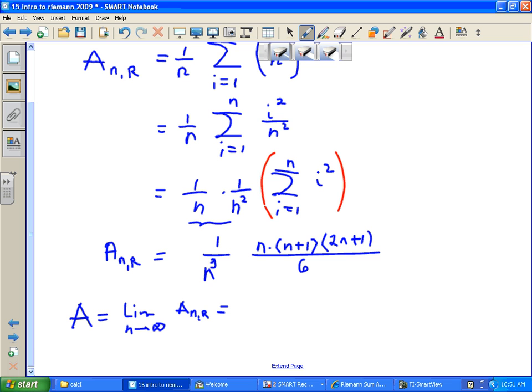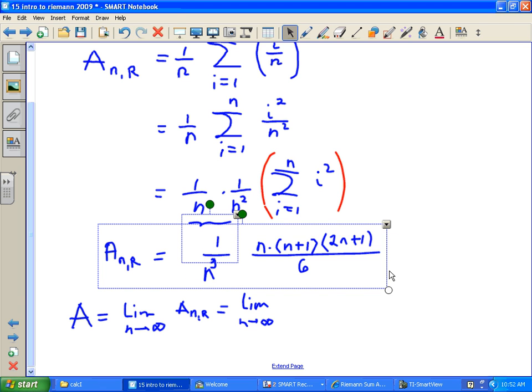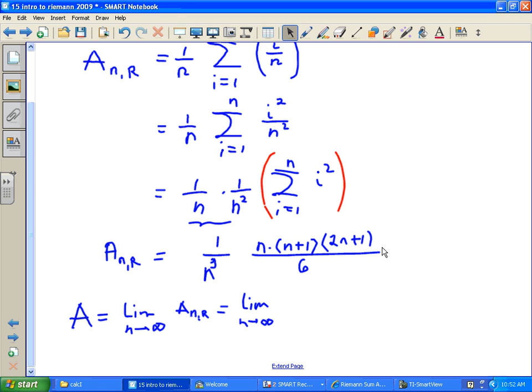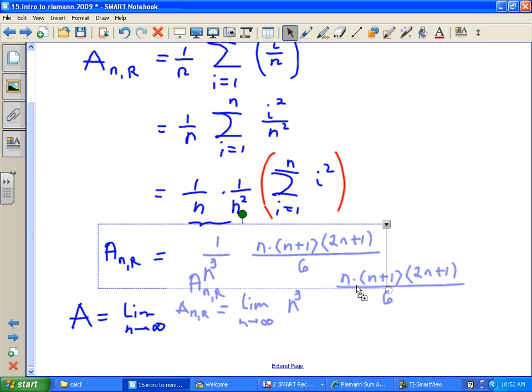So let's take a limit of the above. Take the limit as n goes to infinity of this.